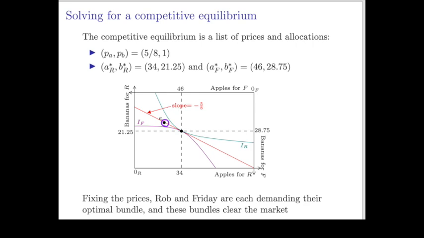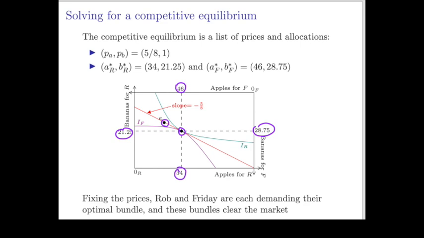And when both consumers maximize their preferences, they look at their optimal bundle, and they choose bundles so that the markets clear. So Rob is going to choose 34 apples, 21 1/4 bananas, and Friday is going to choose 46 apples and 28 3/4 bananas.